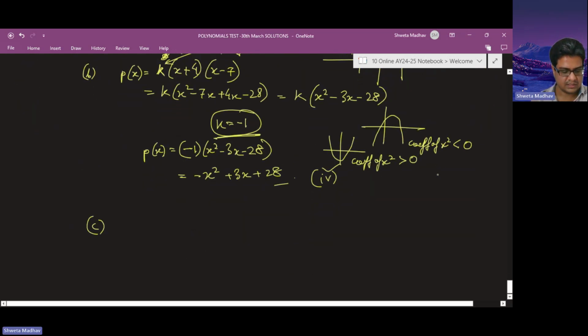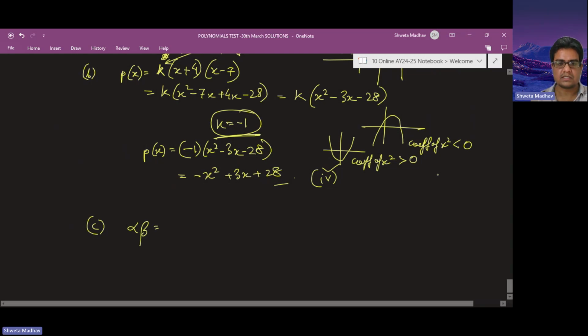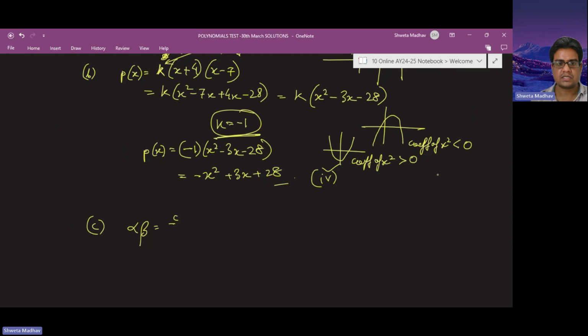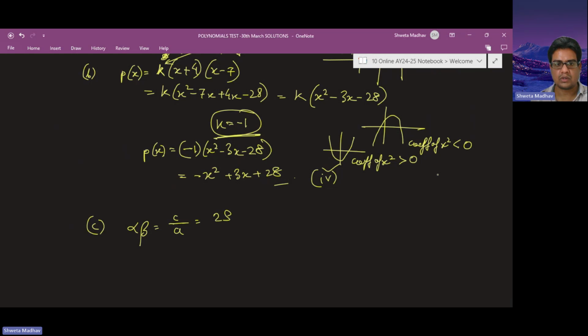Then in part C, it has been told that the product of the zeros of the given polynomial is asked. So here the product, which is alpha into beta, is c by a, where c is the constant term, which is 28.